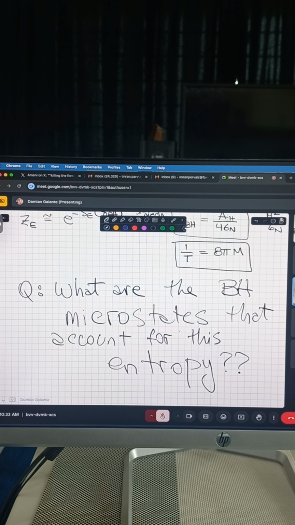I would say that these calculations are giving strong evidence of an underlying microscopic theory. But of course, you can always try to hook up some weird theory where this is not actually microscopic counting of microstates, but is some classical noise or weird things like that.